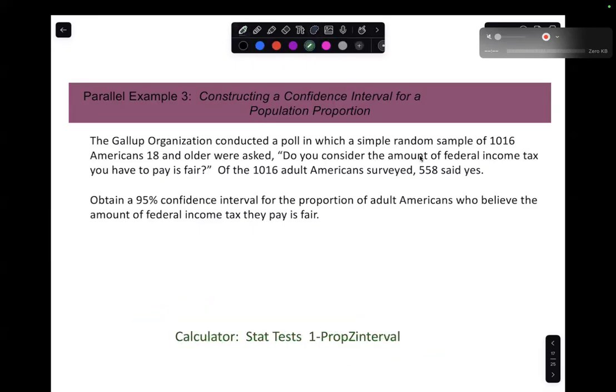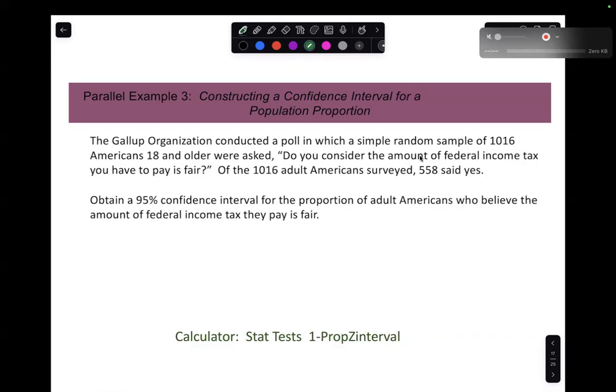So once again, the Gallup organization conducted a poll, a simple random sample of 1,016 Americans were asked, do you consider the amount of federal income tax that you have to pay is fair? Of the 1,016 adults, 558 said yes.